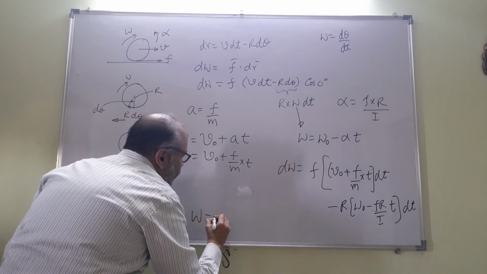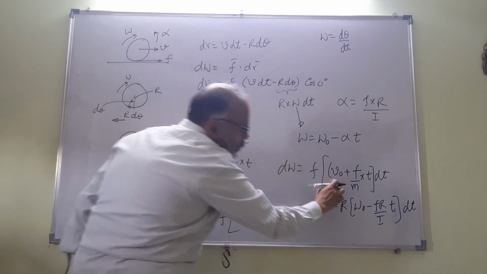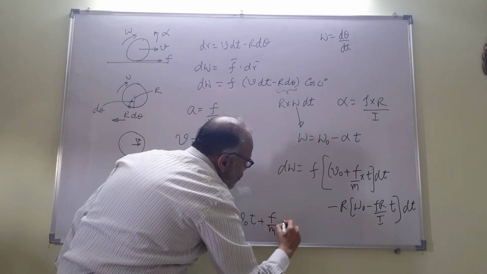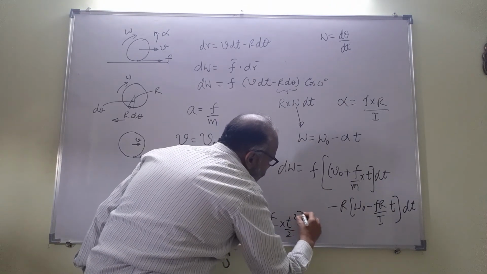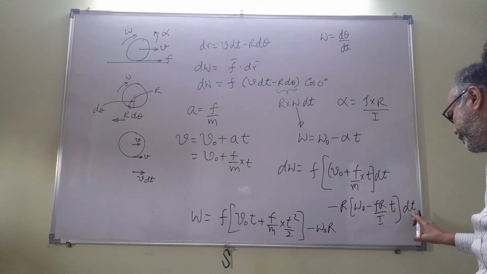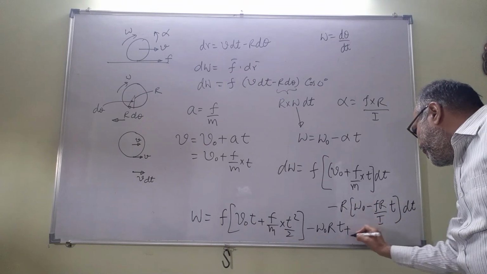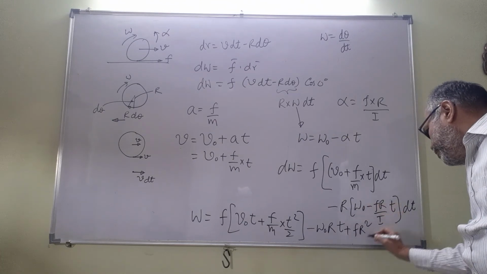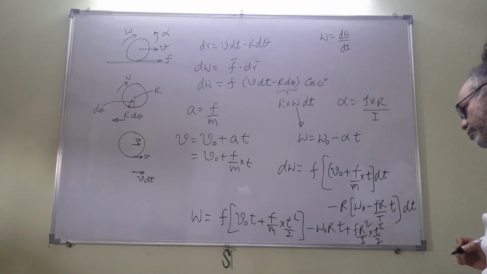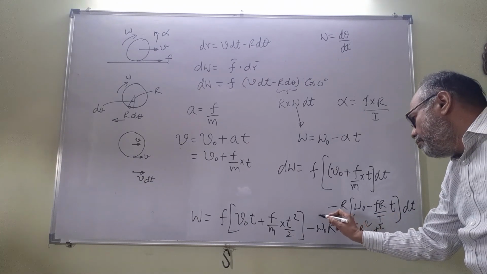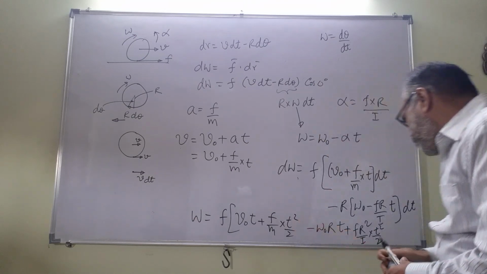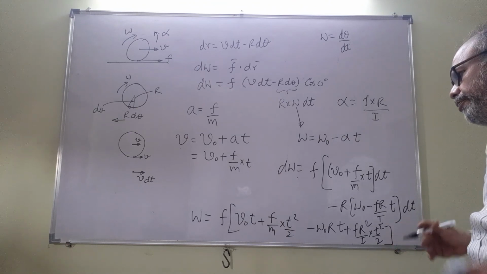So the total work would be F into v naught t, because the integral of v naught dt is v naught t, plus F by m times t squared by 2, and here you would have minus omega naught R times t, and minus and minus becomes plus, so you will have F R squared by I and t squared by 2. That will be the work.